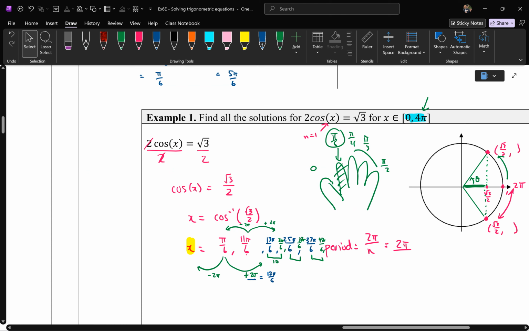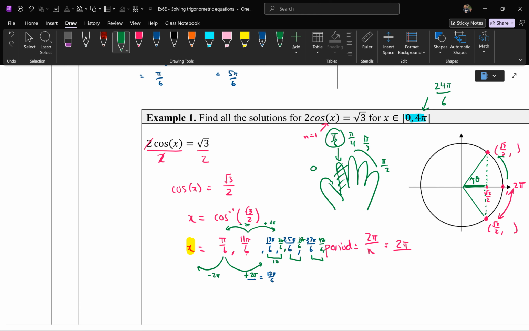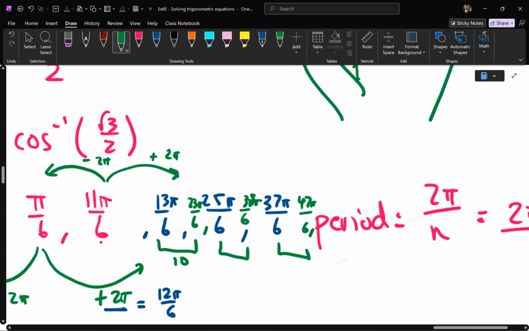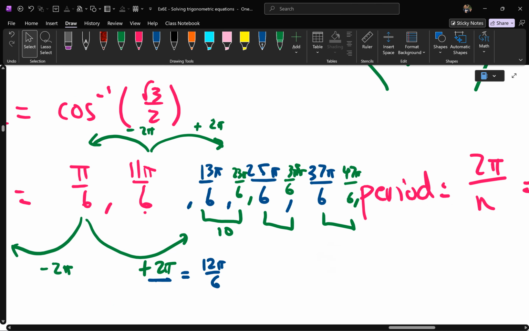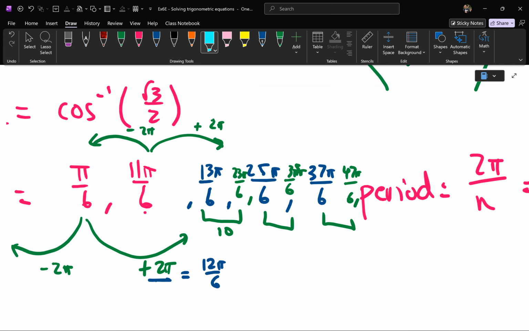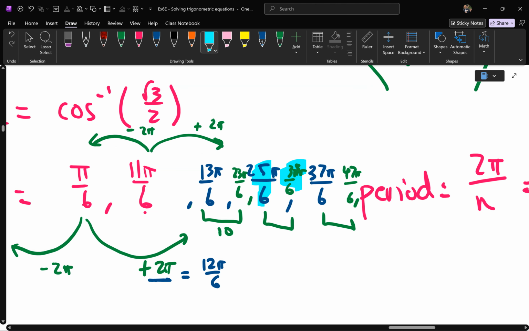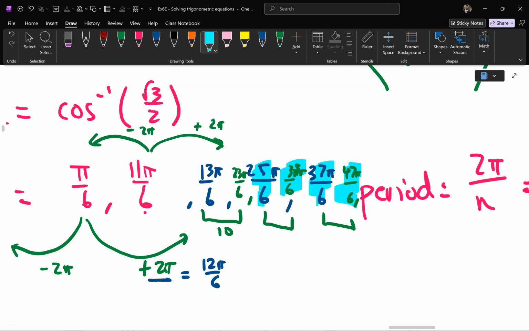Now 4 pi, if you convert it out of sixes, that's the same thing as writing 24 pi on 6. So have I gone too far? Absolutely. 25 pi is here already, and we said that 4 pi is up to 24. So this doesn't get included, this doesn't get included, this doesn't get included, this doesn't get included.